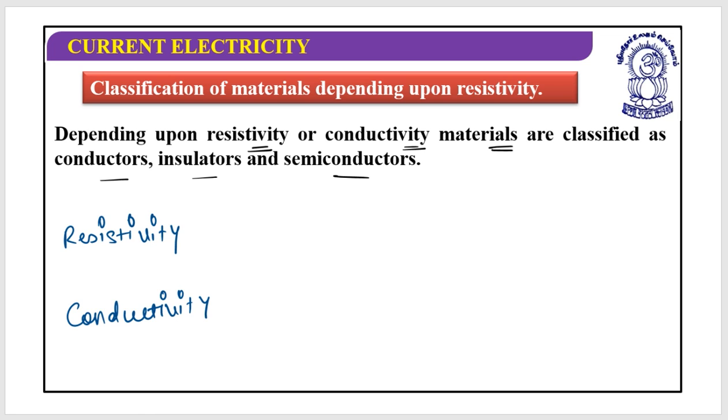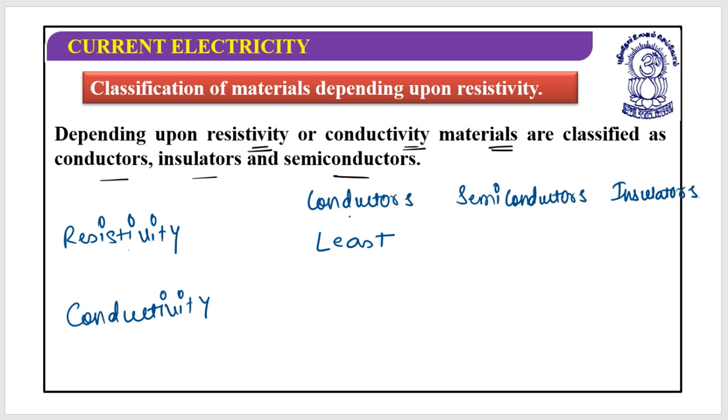If I categorize them according to their resistivity and conductivity, and I talk about the conductors, semiconductors and insulators, then conductors have the least resistivity, the lowest.